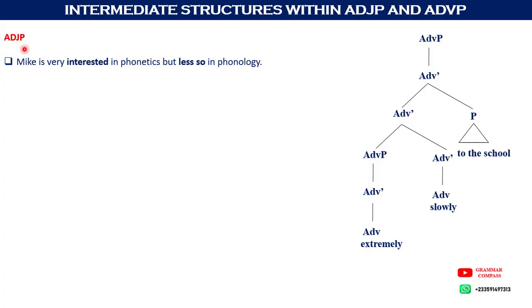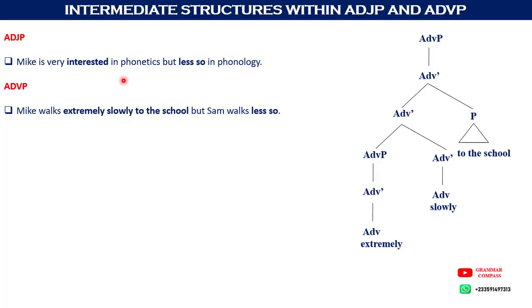So for example, you can say that Mike is very interested in phonetics, but less so in phonology. So the less so targets interested, meaning there is also evidence of intermediate levels within the adjective phrase, but there is less evidence for it, unlike the noun phrases and then the verb phrases.